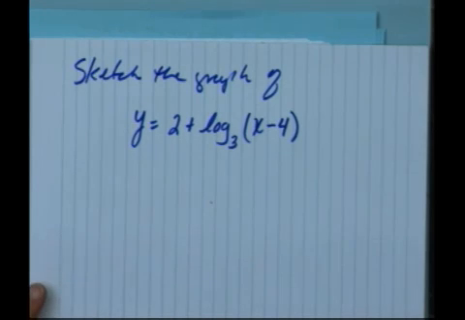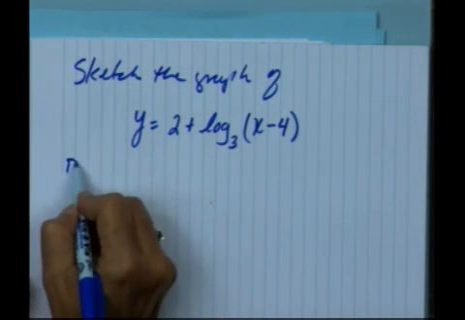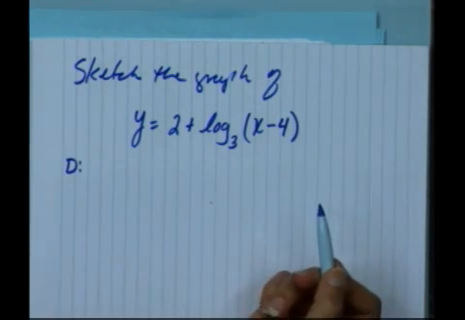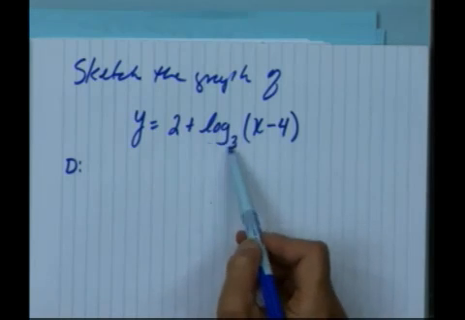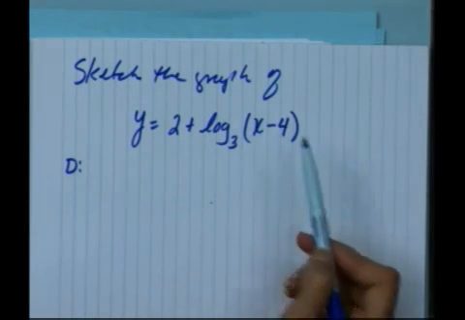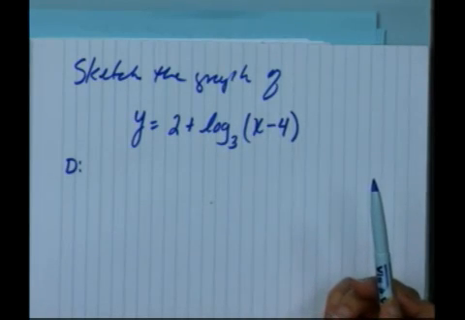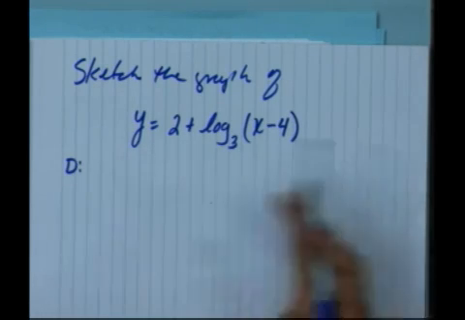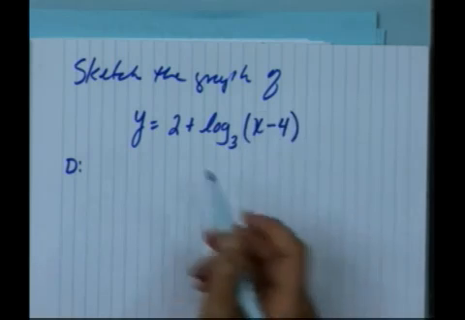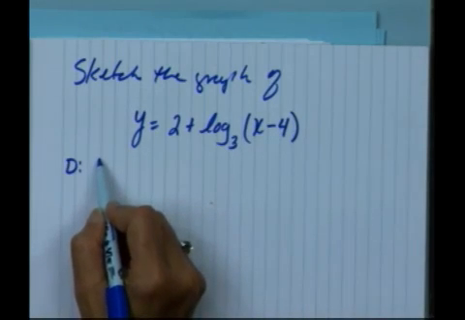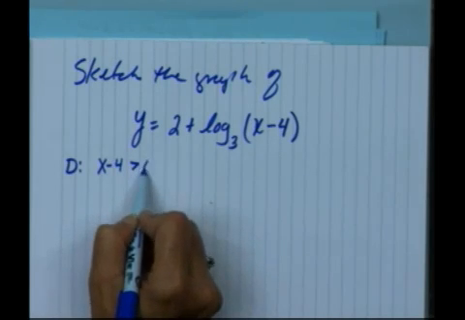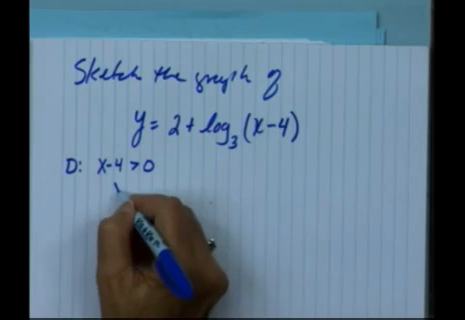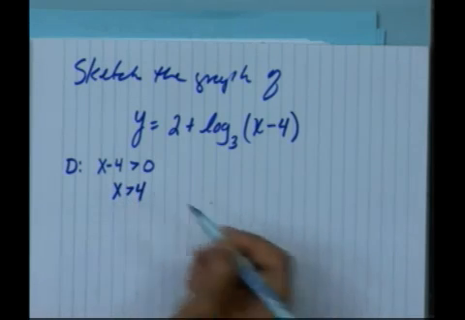And we're going to say what's going on here. Let's first get the domain. Based on the information we just talked about, whatever you're taking the log of, this argument always has to be greater than 0. It's defined only when it's greater than 0. So when you're looking for the domain, you have to say x minus 4 is greater than 0. So x then will be greater than 4.